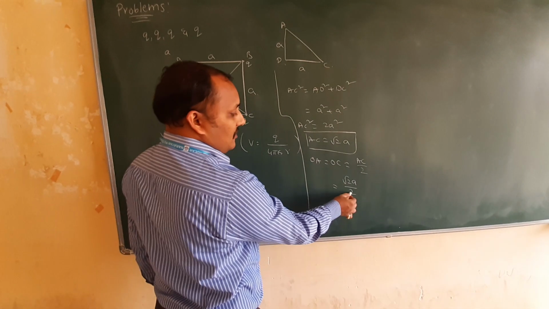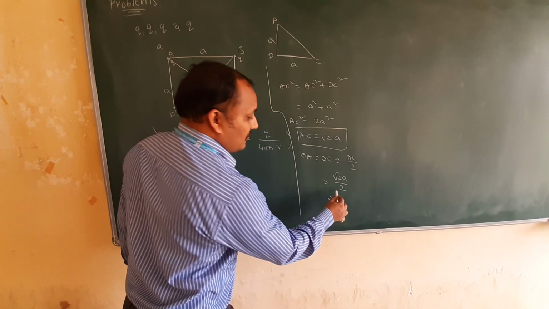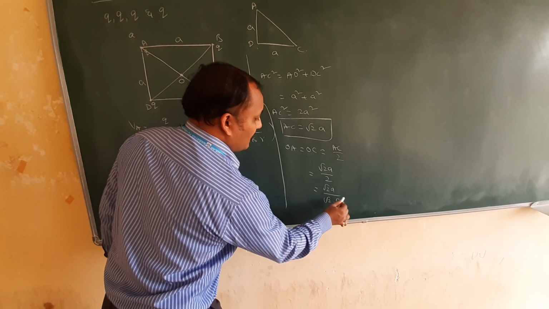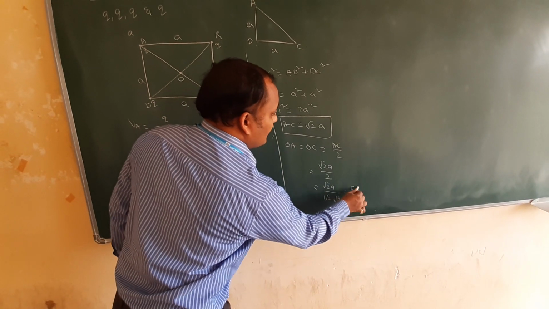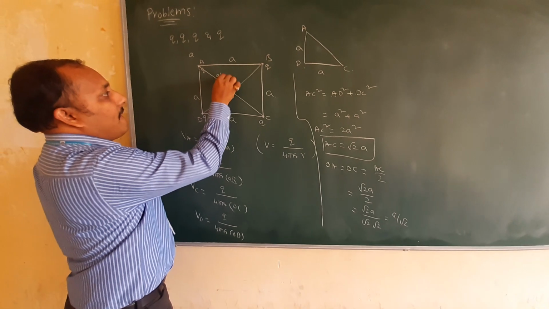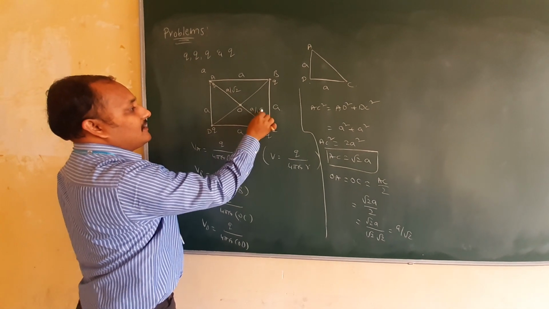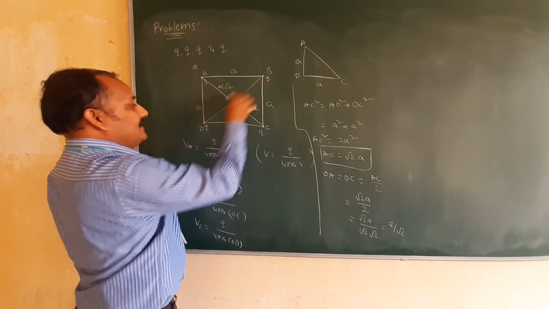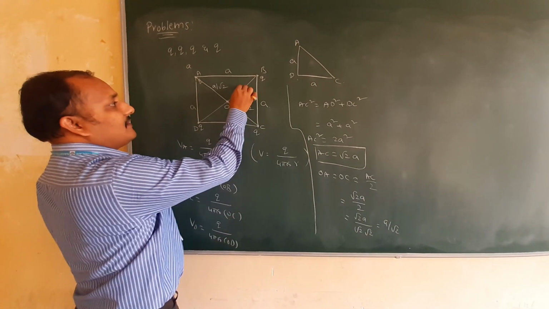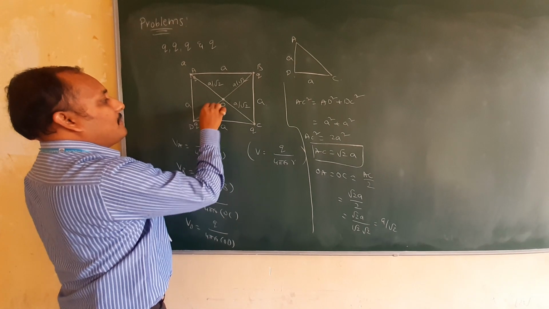Since 2 can be written as root 2 into root 2, this is root 2 A by root 2 into root 2. These cancel, so it becomes A by root 2. So OA is A by root 2 and OC is A by root 2. Since AC equals DB, because both are diagonals, OD and OB will also be A by root 2.